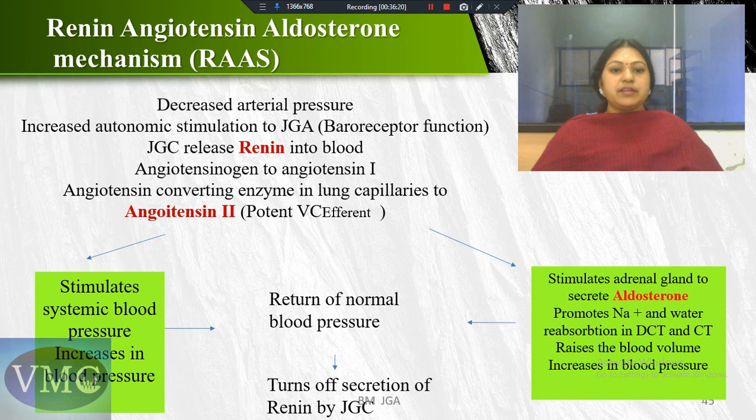So you have the return of blood pressure back to normal because the sodium level in the blood increases, water increases, which in turn increases your blood volume, and the blood pressure increases. When this occurs, it turns off the secretion of renin by the juxtaglomerular cells. So that is a link between your juxtaglomerular apparatus and your blood volume and BP.